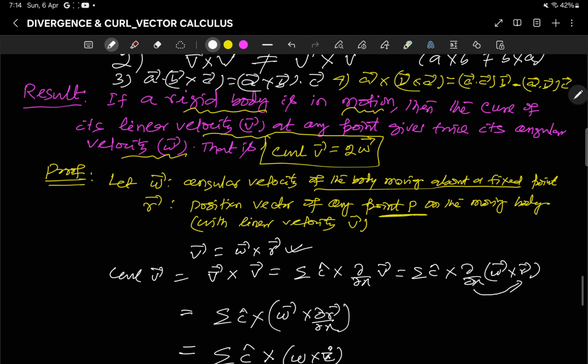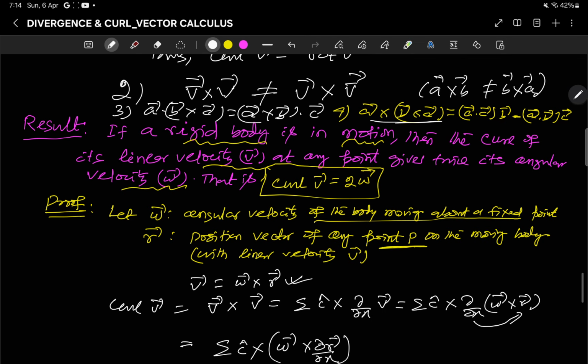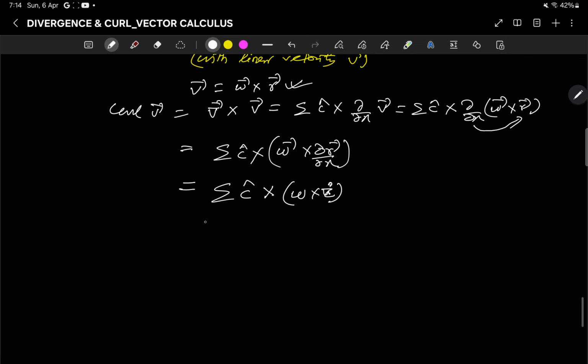Now using the vector triple product A cross B cross C, we can write the summation of I cross W cross I as the summation of W times I dot I minus the summation of I dot W times I. Here I dot I is 1, and I dot J and I dot K are 0, so those terms vanish.